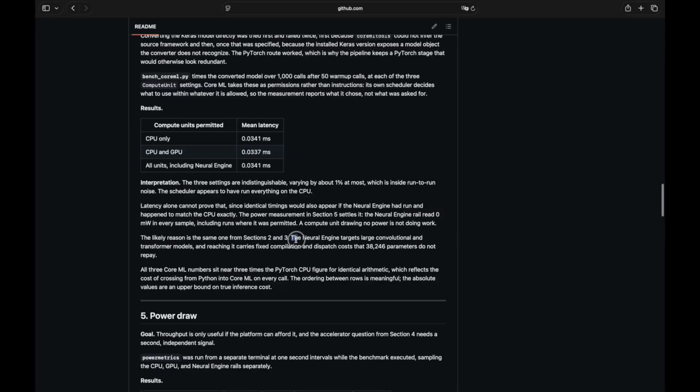The most likely explanation is the one established in the previous two sections. The neural engine is designed around large convolutional and transformer workloads, and engaging it carries a fixed cost that a three-layer network of 38,000 parameters does not repay. Apple's scheduler applies a cost model that reaches the same conclusion the GPU measurements reached independently.